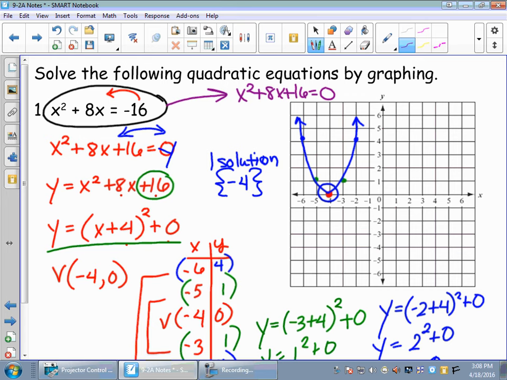Then we use the zero product property. We factor and I say what multiplies to give me 16, adds to give me 8, or what does this factor to? (x plus 4) times (x plus 4). I have a product that's equal to 0. So one of these factors is equal to 0. Either x plus 4 is equal to 0 or x plus 4 is equal to 0. So there's the same number twice. When I solve by factoring, I get x equals -4.